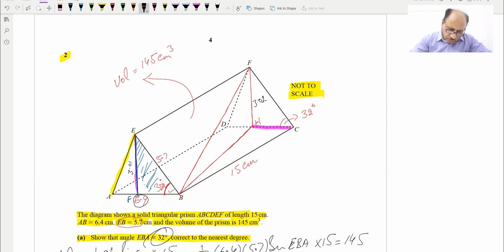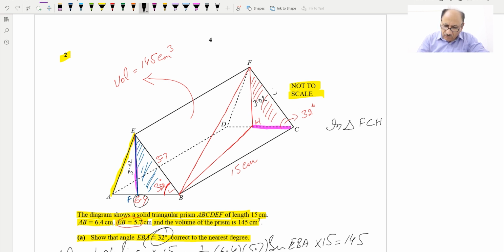So now we can first find CH, in triangle FHC. We are considering this triangle, in triangle FCH, we know one side, which is 5.7.